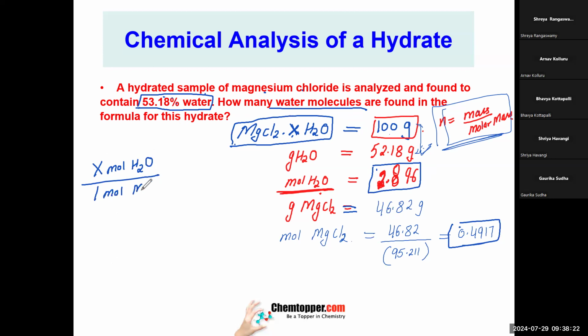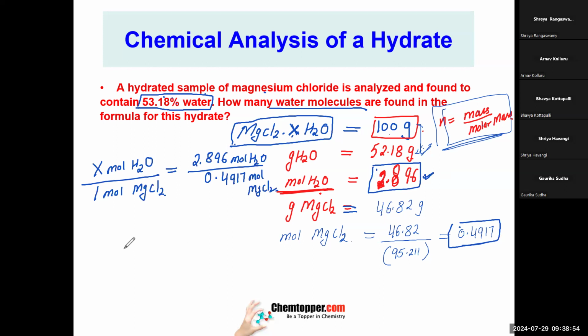Agreed? If I take the same ratio here, 2.896 moles of water are present in 0.4917 moles of MgCl2, right?